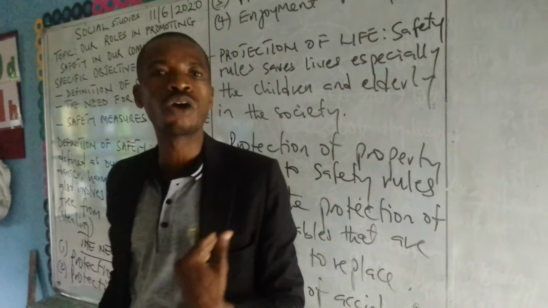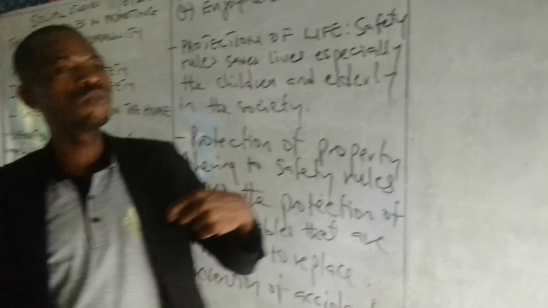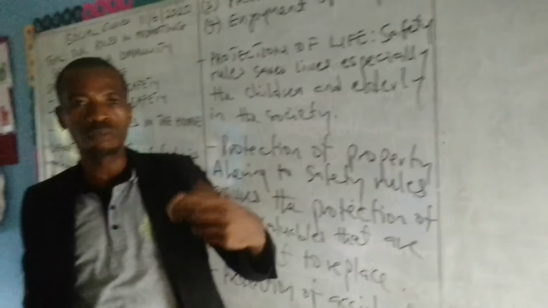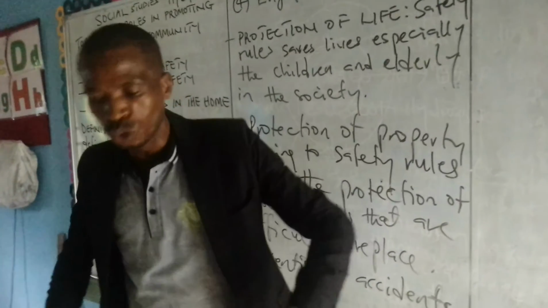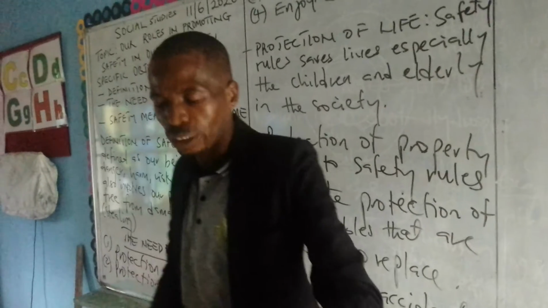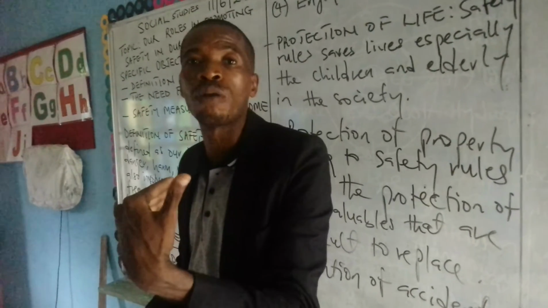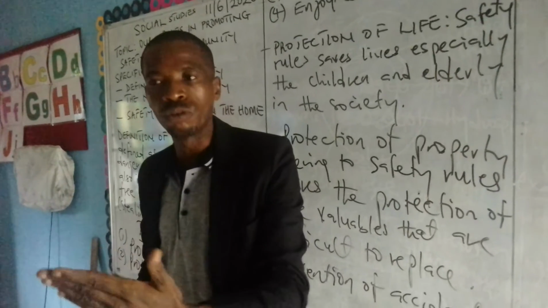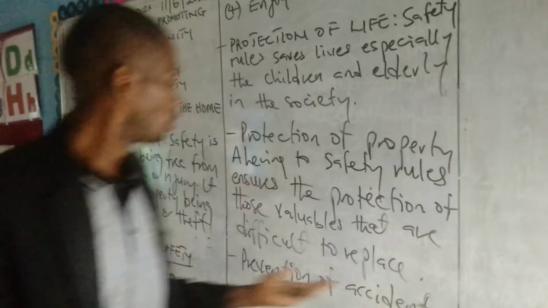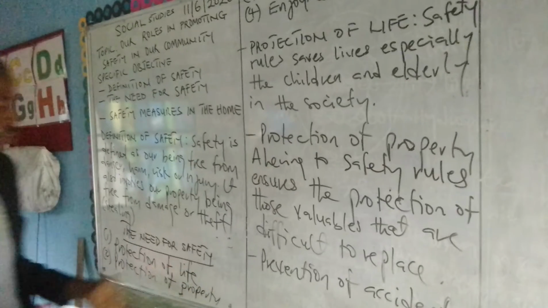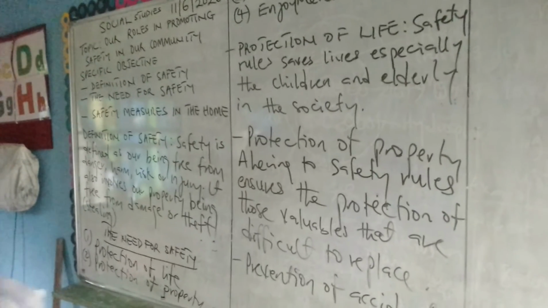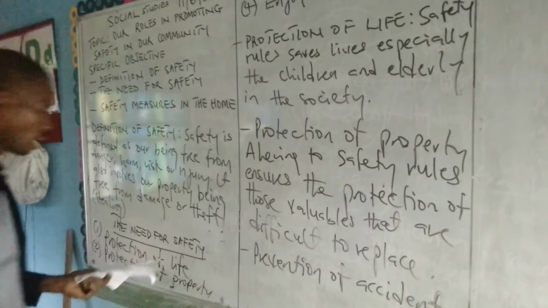And also any oncoming vehicle. Some road users, because of trying to overtake a vehicle without seeing from afar if there is any oncoming vehicle, cause accidents. So it's important that we follow the safety rules. Okay, now let me put it here.